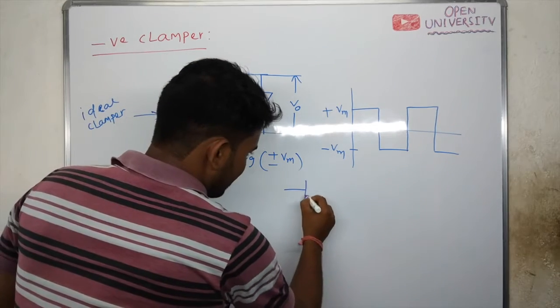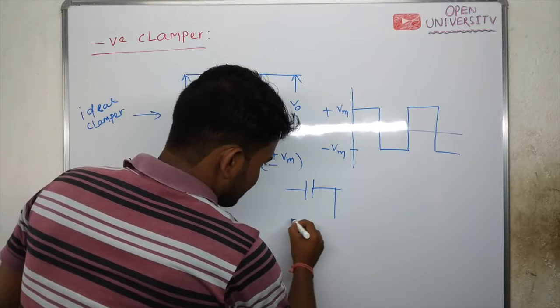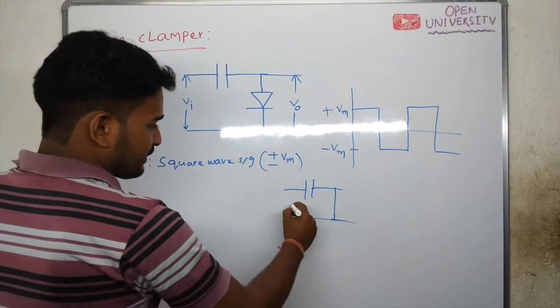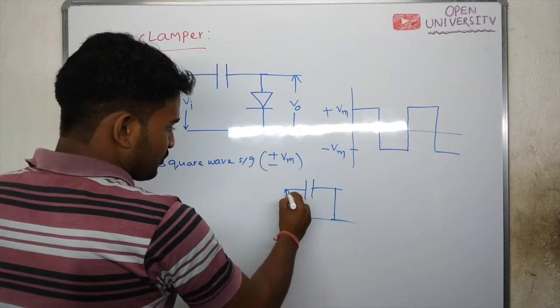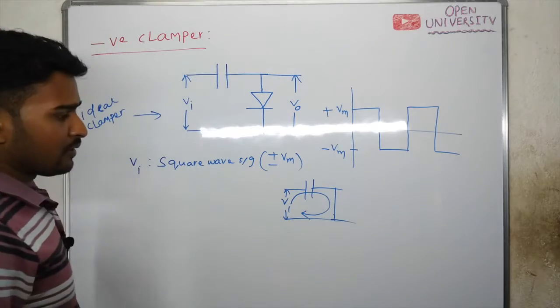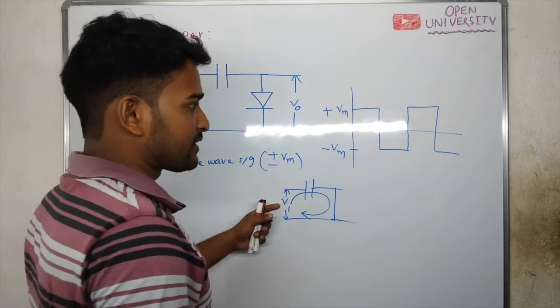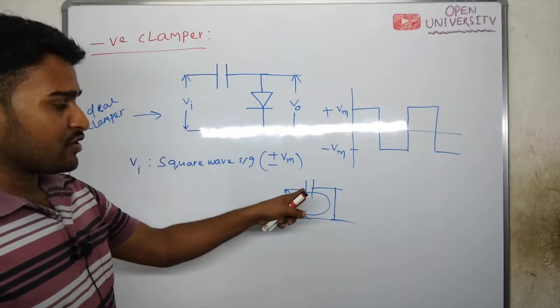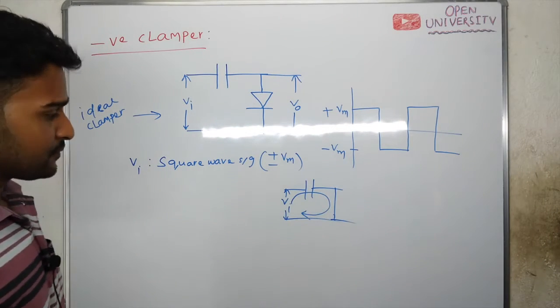When the diode becomes forward biased like this, it is replaced with a short circuit, and the capacitor will charge through the diode to the peak value of the input voltage. What is the peak value of the input voltage? Vm. So the capacitor will charge up to Vm.